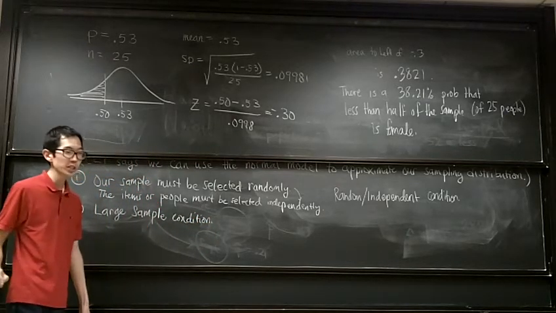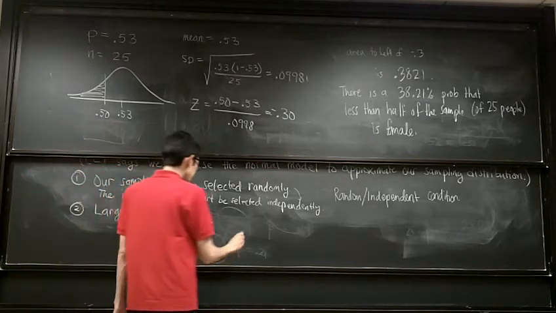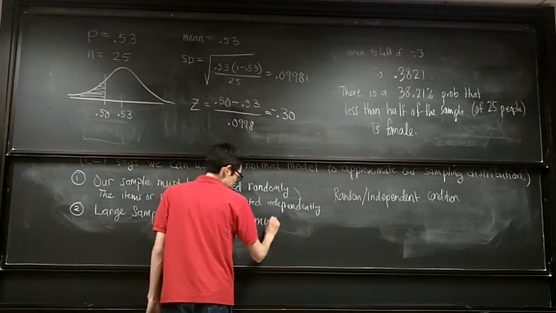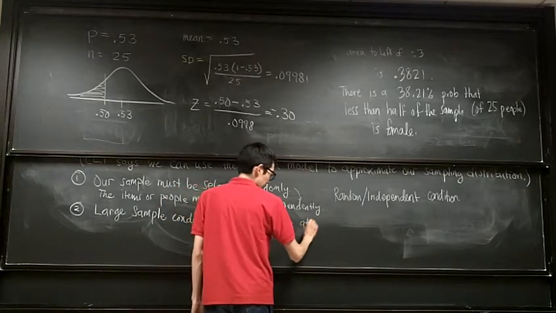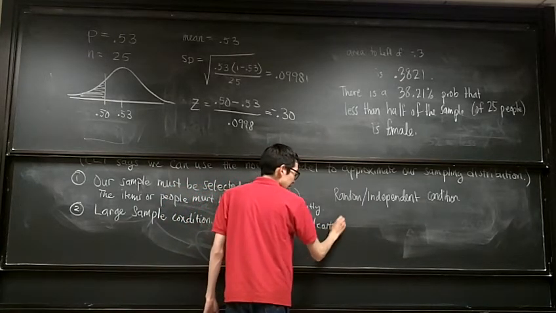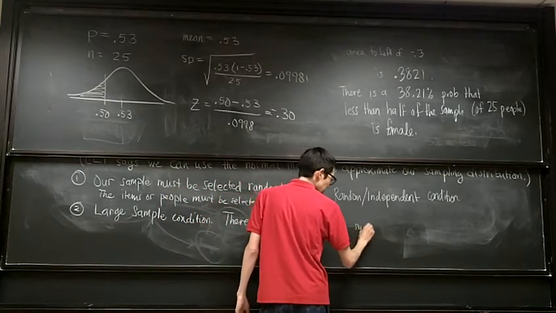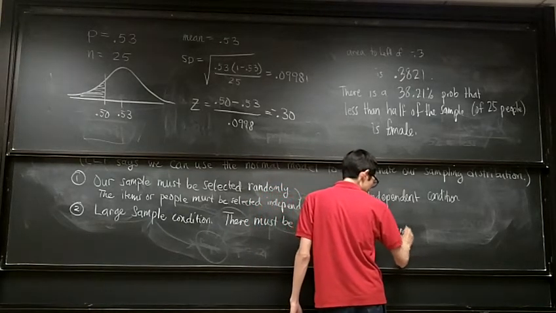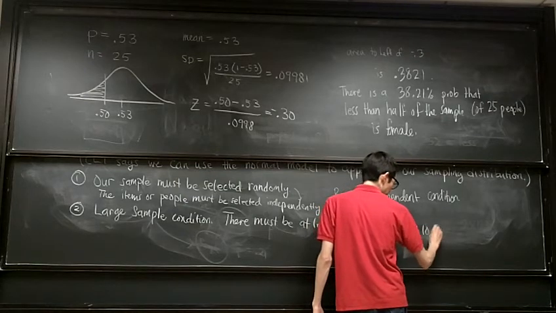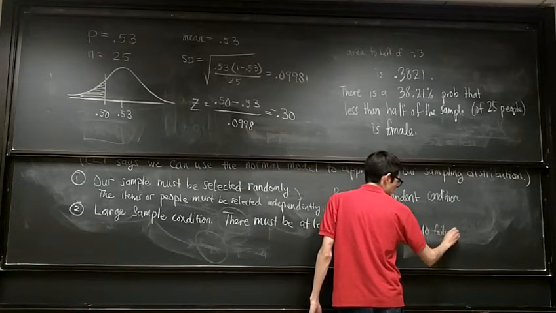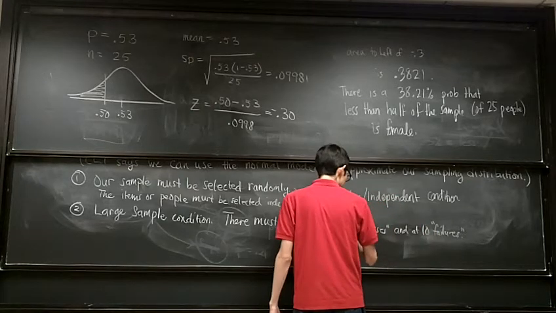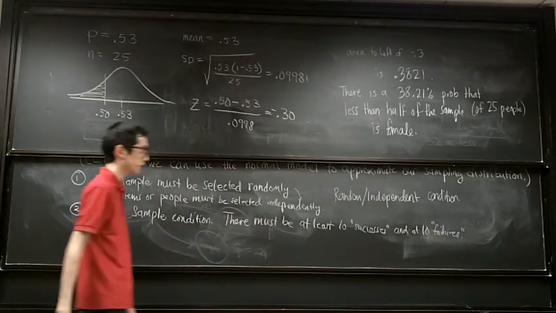There must be at least 10 quote-unquote successes and at least 10 failures. These are quote successes and failures because those are arbitrary labels.